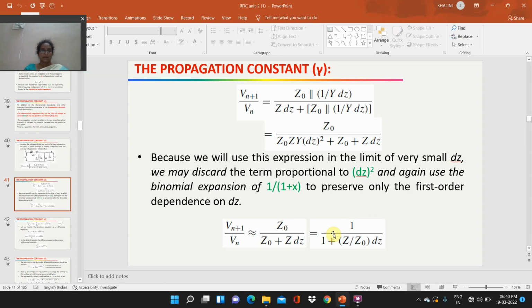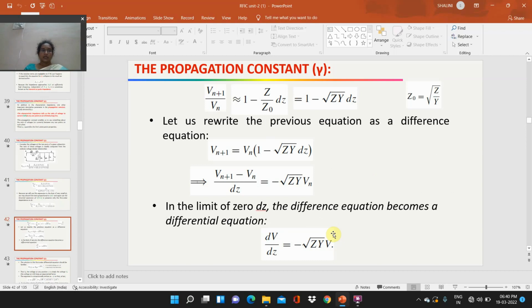That is, Vn plus 1 by Vn is approximately equal to Z0 by Z0 plus Z dz, which is equal to 1 by 1 plus Z by Z0 into dz. So Vn plus 1 by Vn is approximately 1 minus Z by Z0 into dz, which is 1 minus square root of ZY into dz.